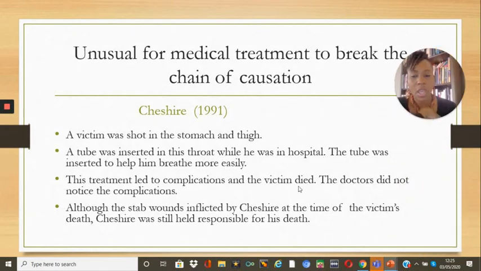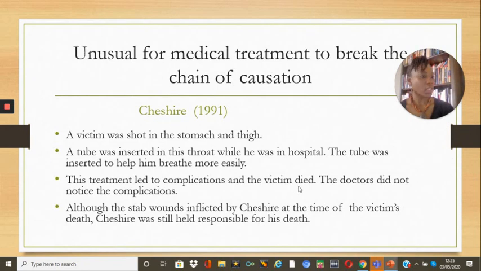The doctors did not notice the complications. Now, what I should have said was that the wounds inflicted by Cheshire were not life-threatening at the time of the victim's death. So this is important.